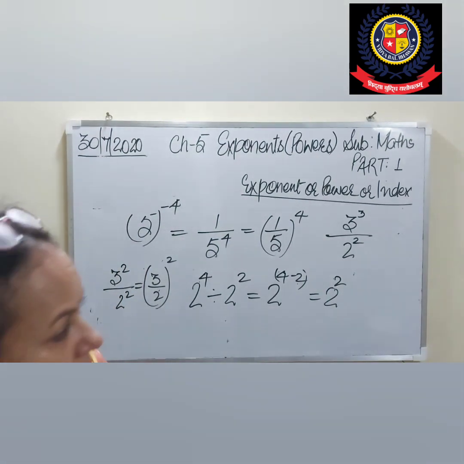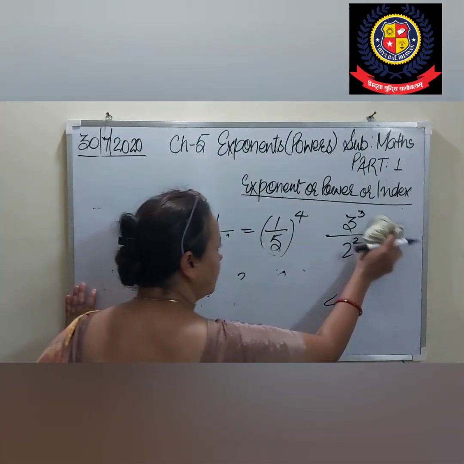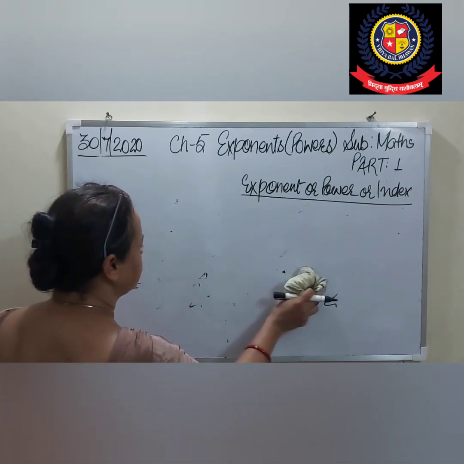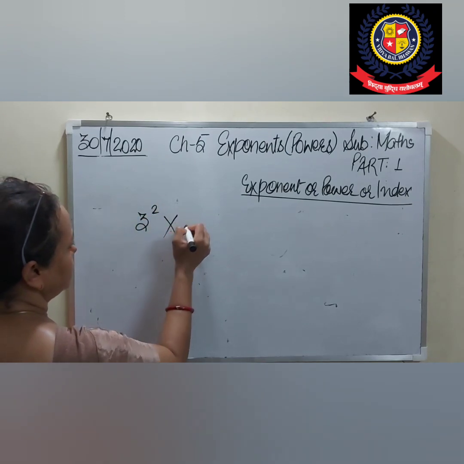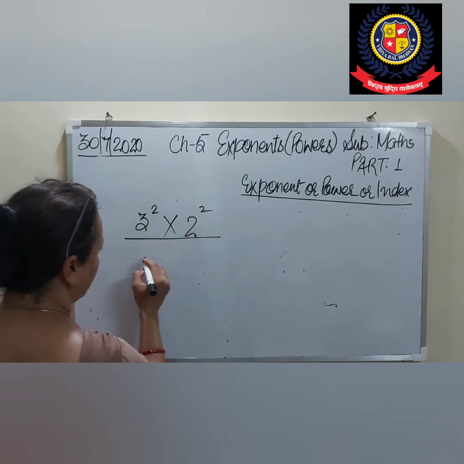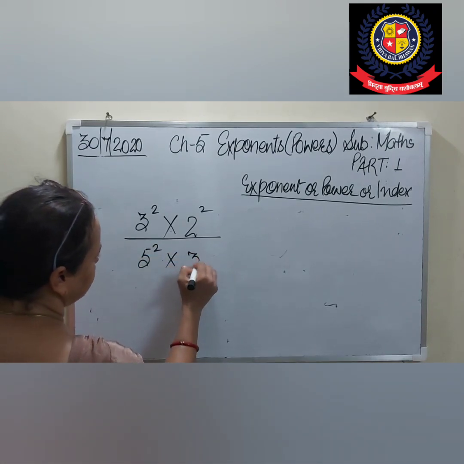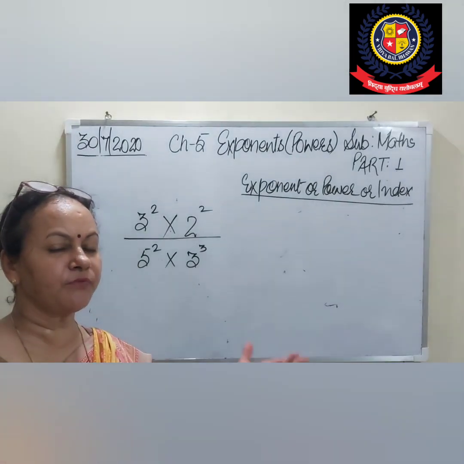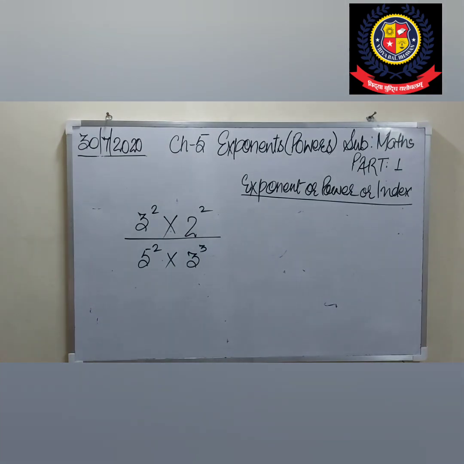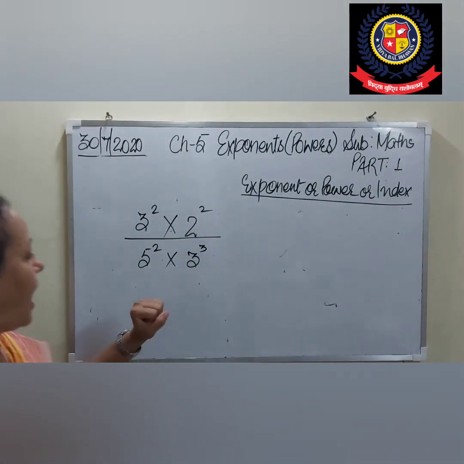Dear students, I am going to explain one more method. If the number is written 3 square into 2 square upon 5 square into 3 to the power 3, and we don't know the exponential form, and they say simplify, what will we do? We can explain and then solve.